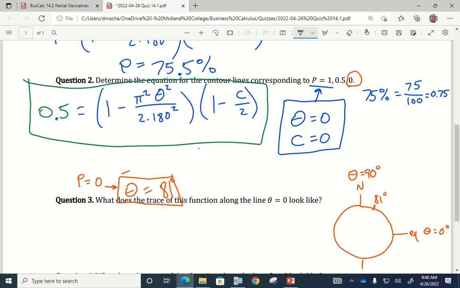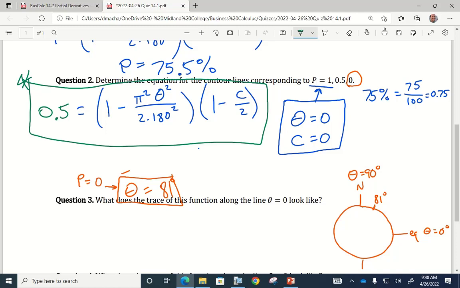You can choose any theta here, and then you would just have one equation with one unknown, the unknown being C, and you could solve for C after you specify theta. Or vice versa, you could specify the C value you want, and then you could always find a theta that matches that C value in this equation.